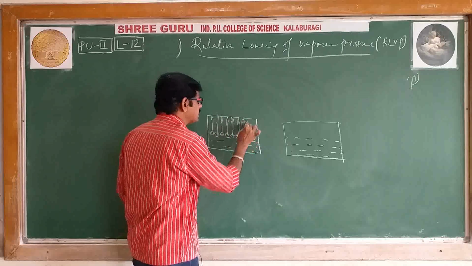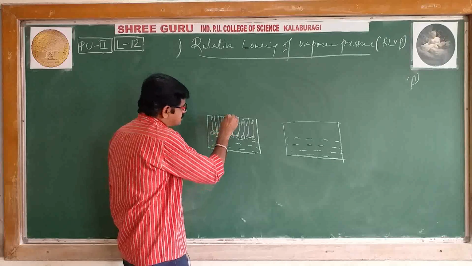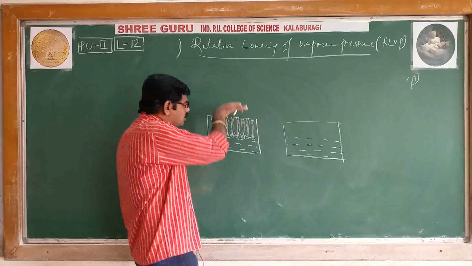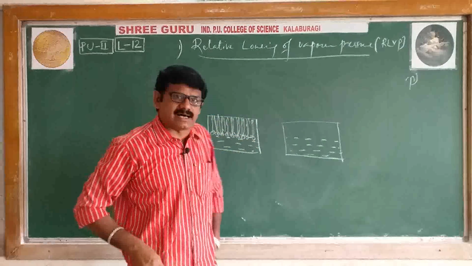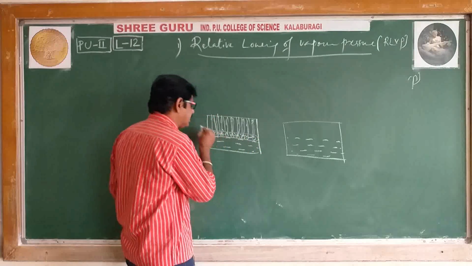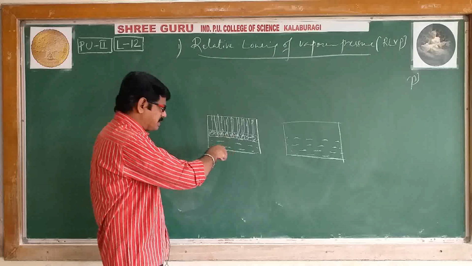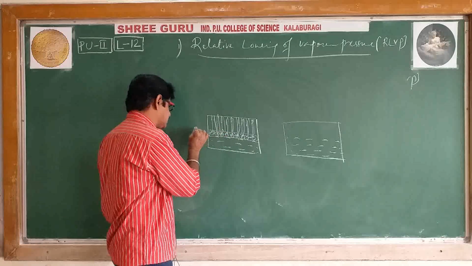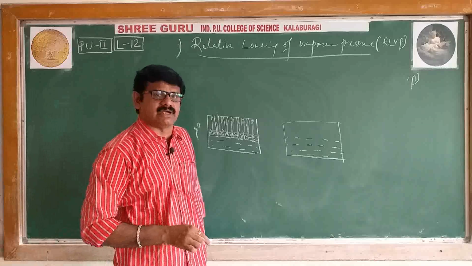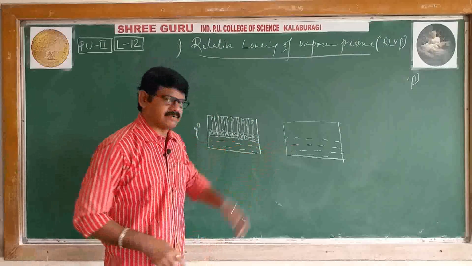Because of the closed container, again condensation takes place. During the condensation process, those vapor particles are exerting pressure on the liquid surface. That is called vapor pressure. It is a pure solvent, that's why it is, of course, P naught. Vapor pressure of pure solvent is designated P naught.